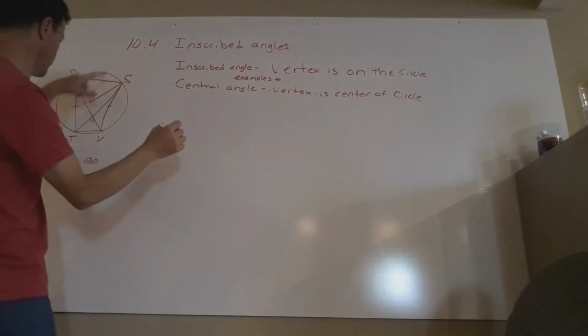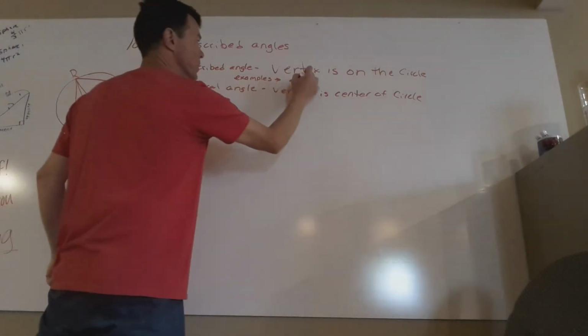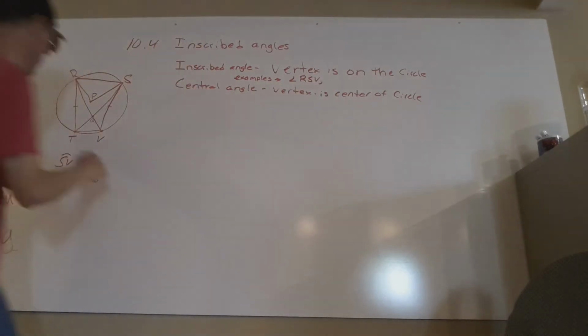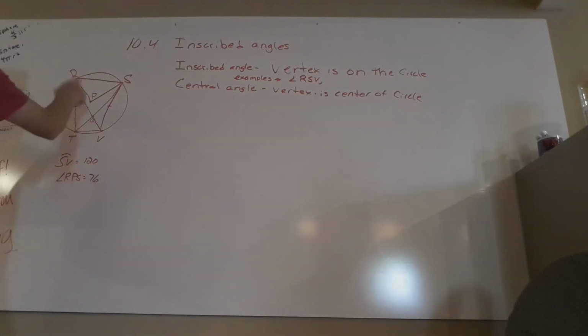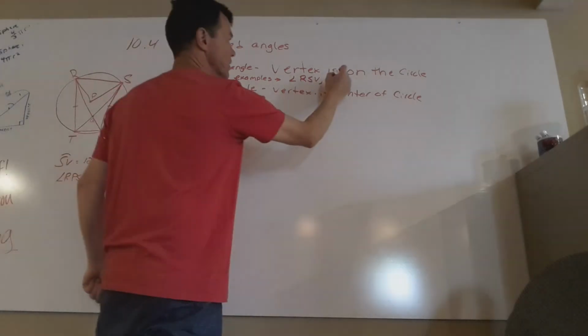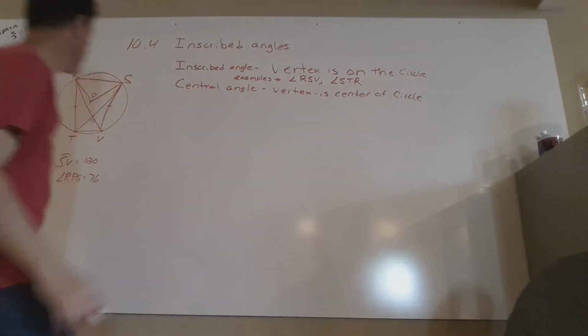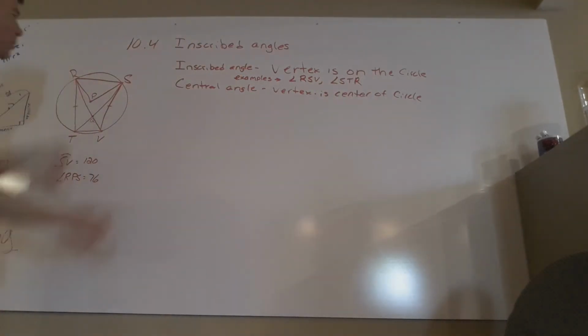I did RSV, there's several. I could also do VTR. We could do STR. There's quite a few. And central angle, there's just one, and that's RPS.